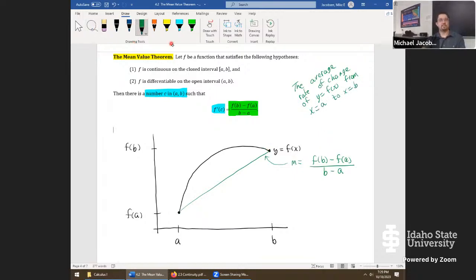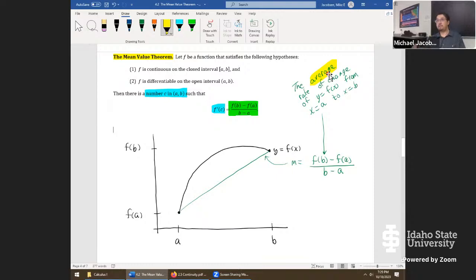It's not a secant line, so that's why this is kind of an interesting concept. We just have a simple average rate of change. Well, that average rate of change is the whole reason this is called the mean value theorem. In statistics, mean and average is sometimes thought of as synonymous wording. And so we're talking about an average rate of change type of theorem when we say mean value theorem so far.